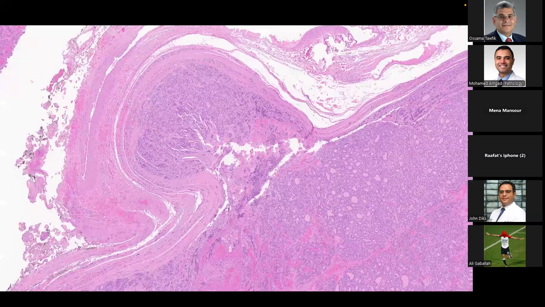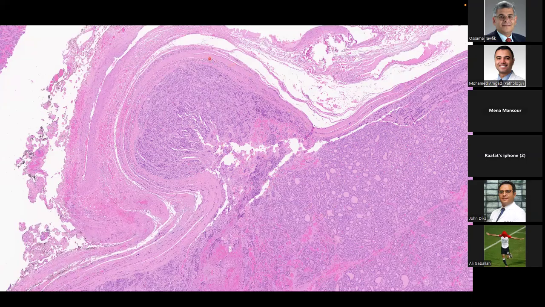Next. So what if you have not full invasion, or invasion that looks a little funny, or you can't make up your mind? For example, something like this: you have a follicular lesion, the capsule is fine, and then you have this area that is kind of pushing. You're not sure, did it break the capsule?